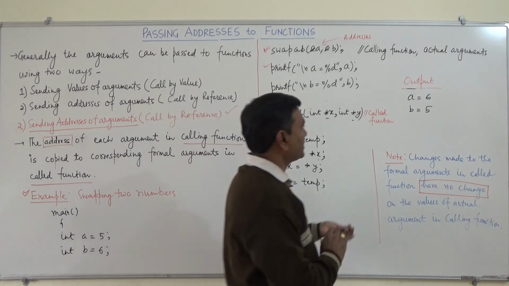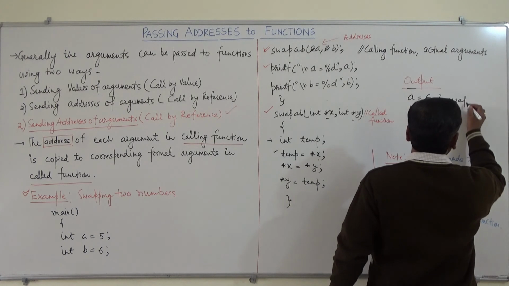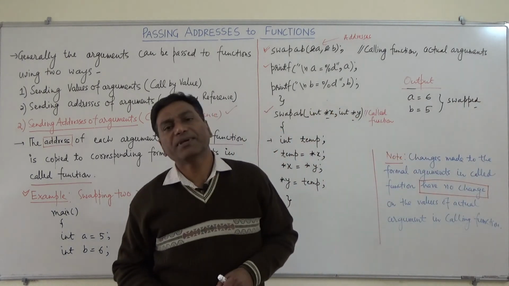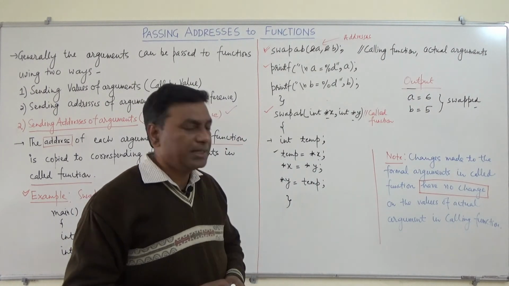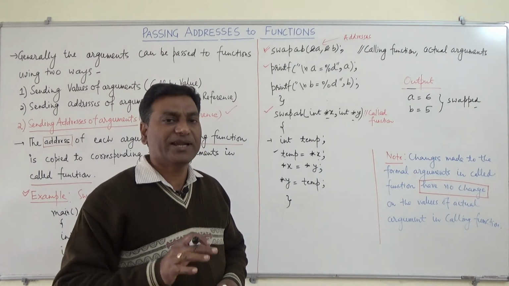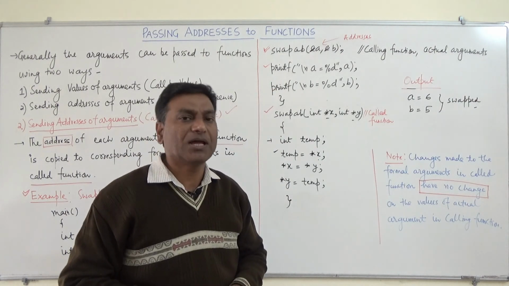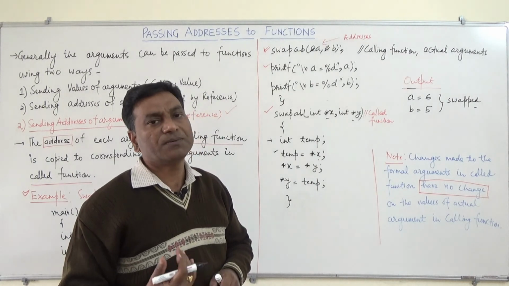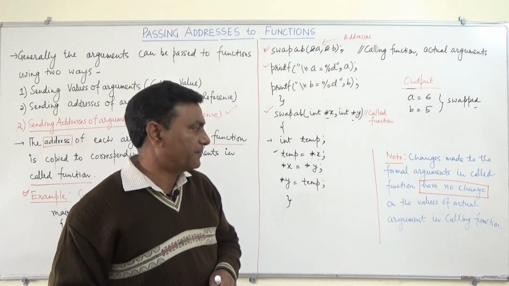So here we can say they are swapped, because whenever we make changes to the formal arguments in call by reference, it will reflect the change in the actual argument.